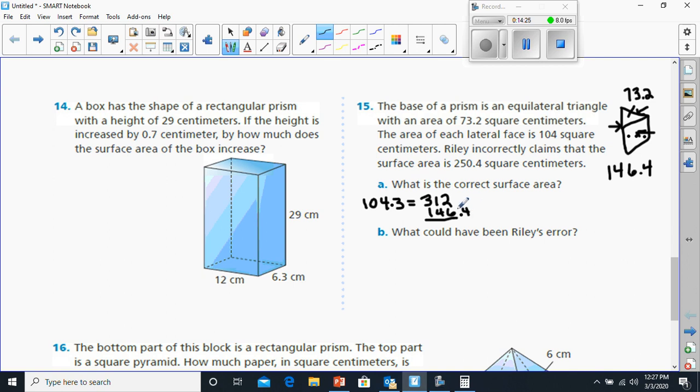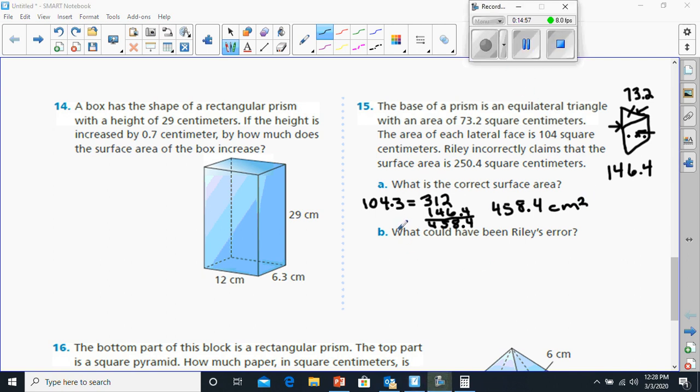If I do that, I've got to be careful with my adding this time. That means my answer is 458.4. And since we're talking area, the correct area should be 458.4 centimeters squared.